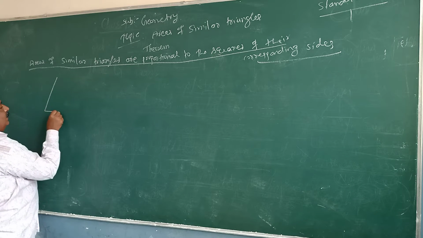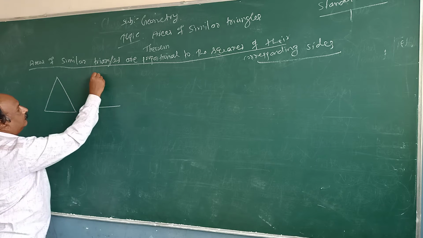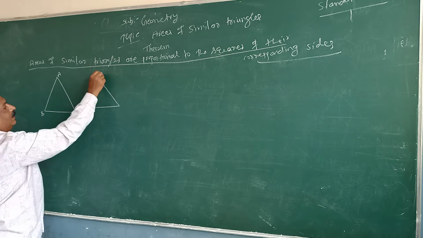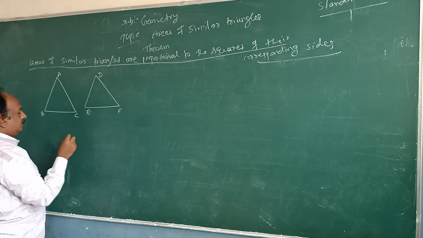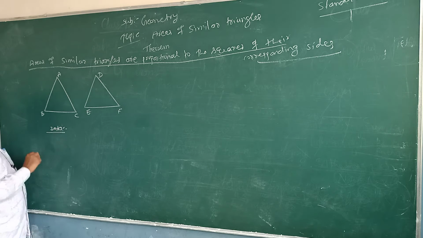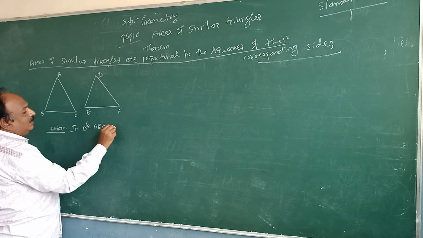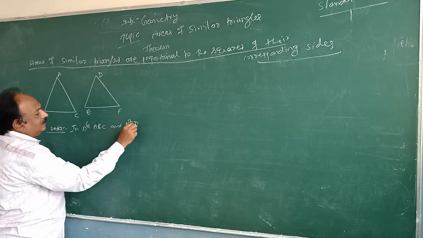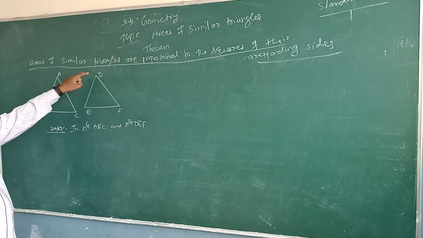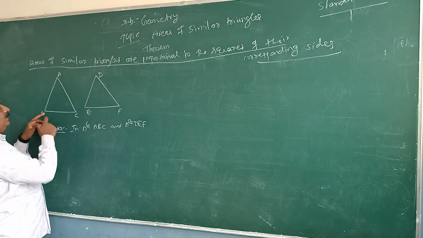Consider the triangles ABC and DEF. Data: in triangle ABC and triangle DEF, write the corresponding sides.